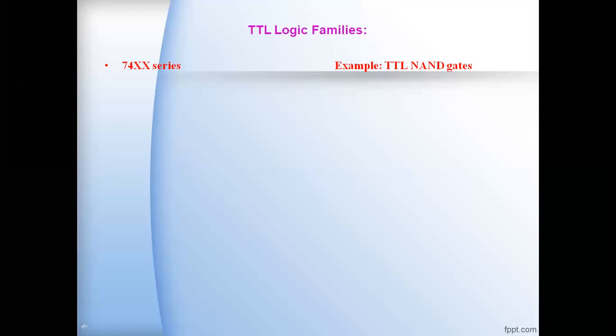If we are concluding the TTL NAND gate circuits, in all these circuits you can make one observation: the resistor values are changing. If you take note of the circuits we have discussed previously, you can find the change in the resistor values.